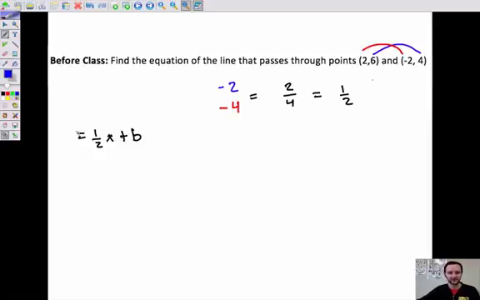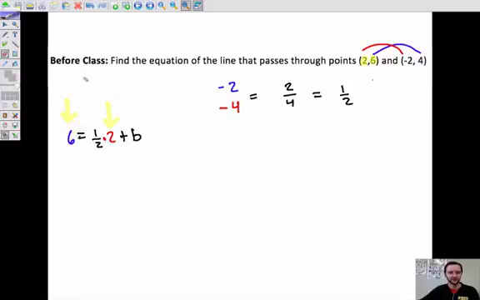So I'll choose 6. And we replace x with that x coordinate, which was 2. Okay, so what I did is I took 2 and plugged it in for x, and I took 6 and plugged it in for y into that equation.